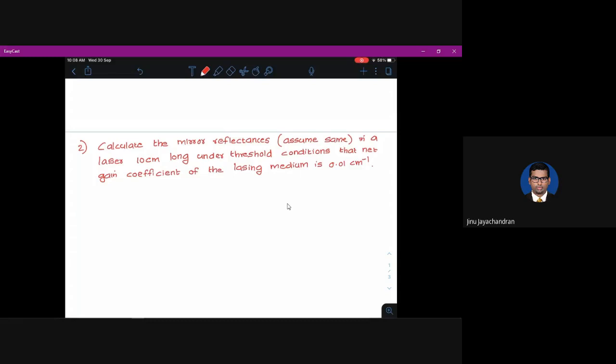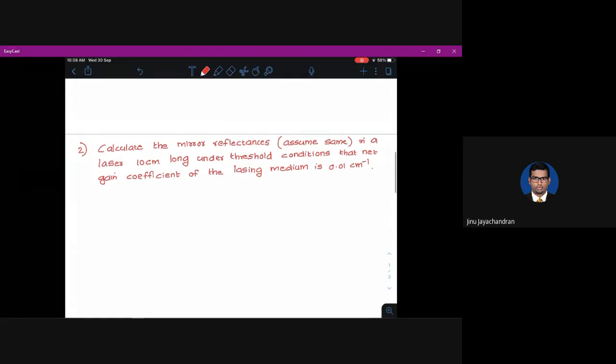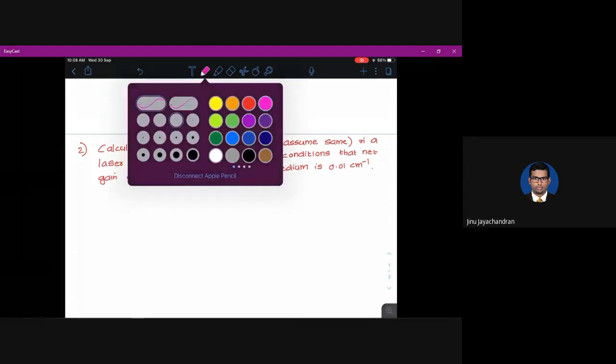Okay, so this is the question. It says you want to find the mirror reflectances, or basically the reflectivity of the mirror, and you are assuming both mirrors are the same in a laser 10 centimeter long under threshold conditions. So let's recap again.